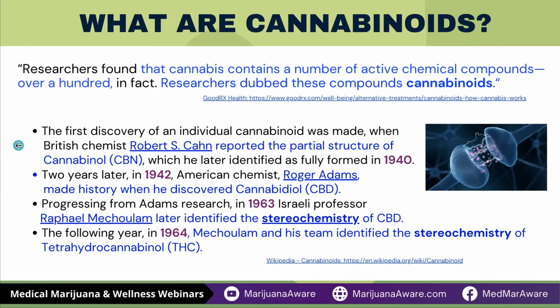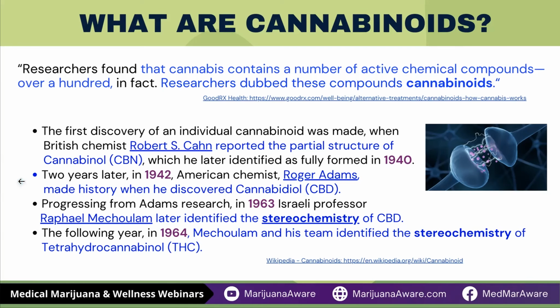Yeah, for sure. So in 1940, Robert Kane found a molecule called cannabinol, or CBN. This was actually the first cannabinoid that was identified. And then 2 years later, we have Roger Adams, who discovered CBD, or cannabidiol.